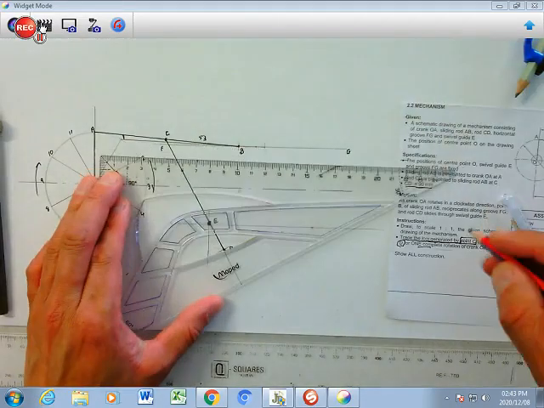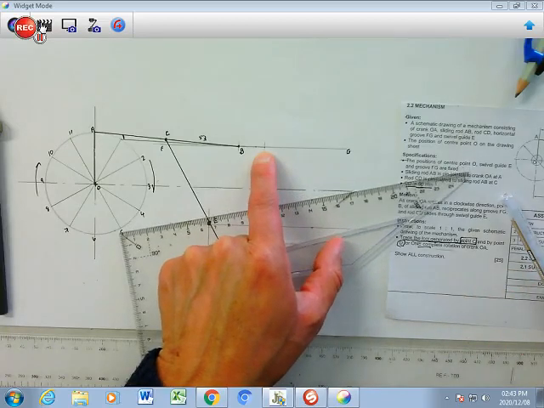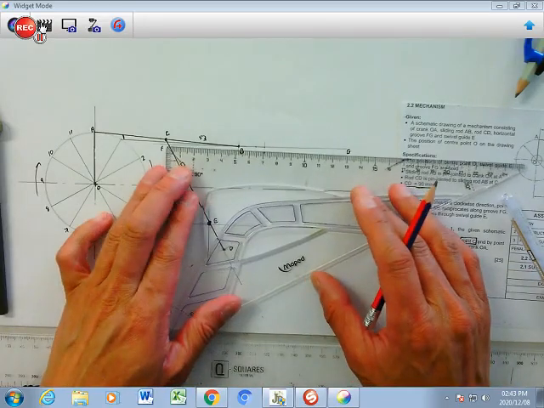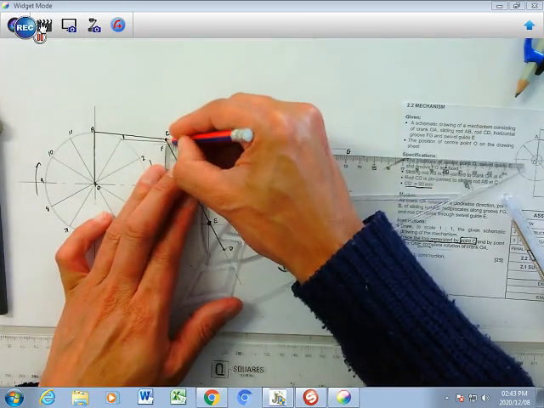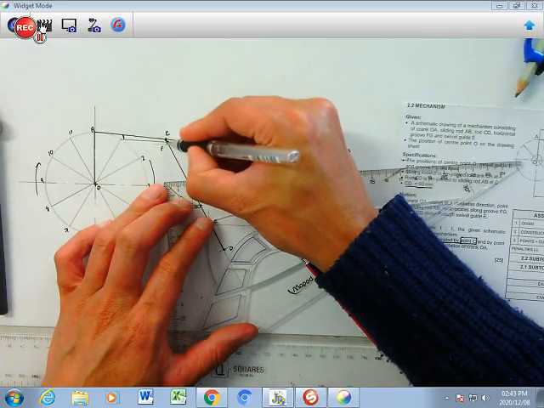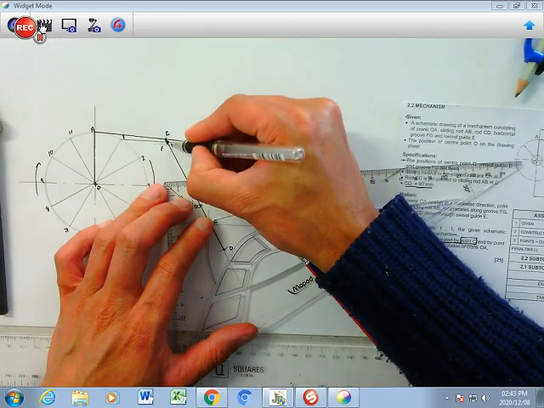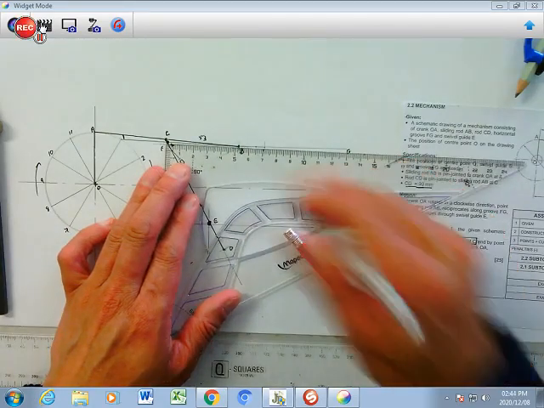I'm going to connect it. On that BA line, I need to measure 53. So 53 is going to be right there. That's my 53, and I want to label it as number 1 there. Okay, there's my 53. I'm checking it.